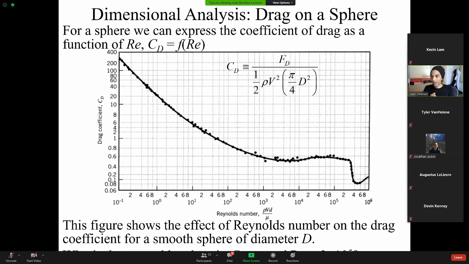So let's say, for example, Andrew, I asked you, hey, the Reynolds number of my sphere here is somewhere here. Is this laminar or turbulent flow? What would you say? I would say laminar. Okay, and I'll ask you, hey, it's out here. What's the flow, laminar or turbulent? Turbulent.